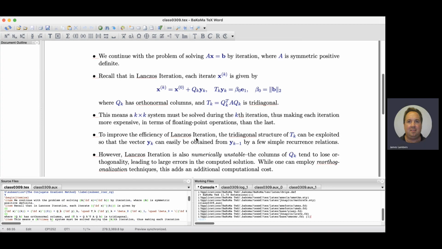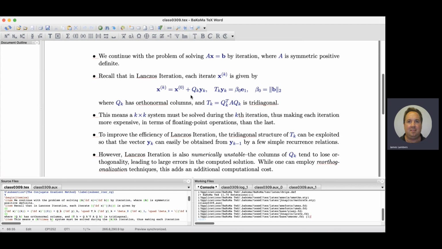One thing that people have done with Lanczos to fix that is some sort of reorthogonalization scheme. As you compute each new column of this matrix, you can explicitly orthogonalize it against the previous columns. Now that incurs an additional overhead, so that further degrades efficiency.